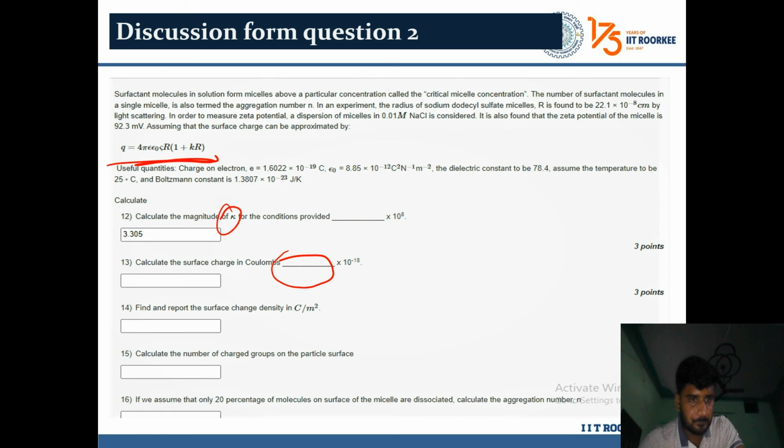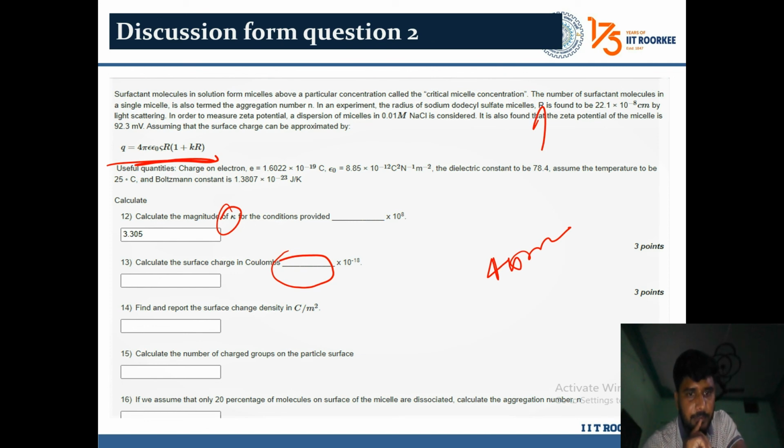After that you have to calculate the surface charge density, so you have the surface charge, divide by the area. Here you can use the spherical particles, so you can put 4 pi r square, and the r value is given here.